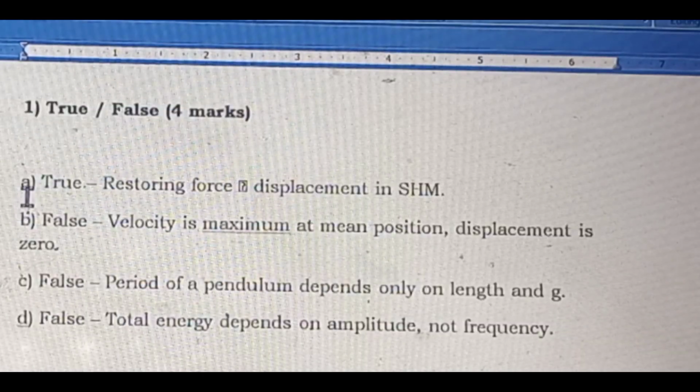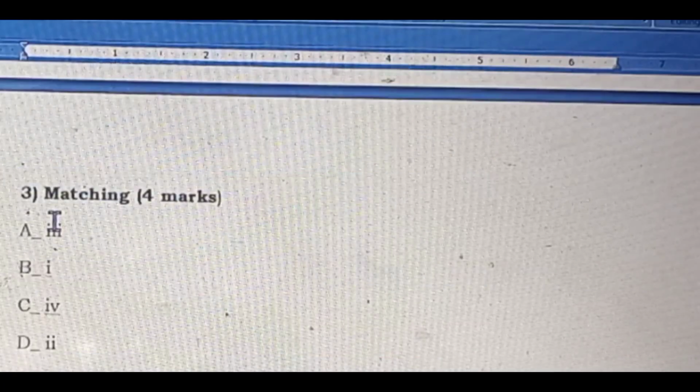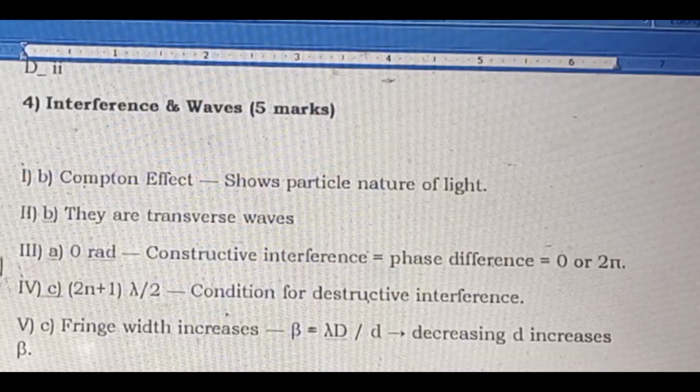Section A, this is the solution to question 1. Question 2, question 3, question 4, and their explanation.